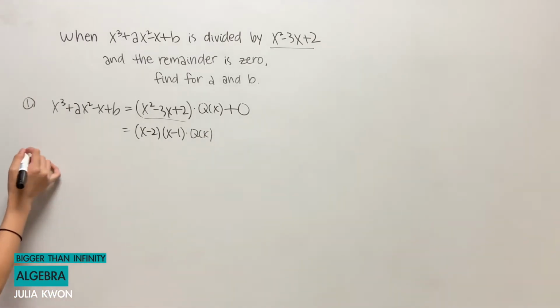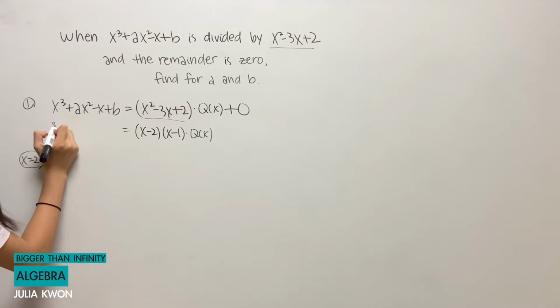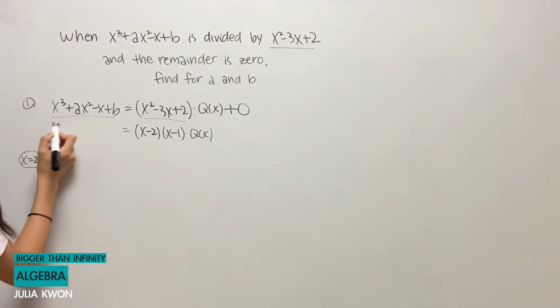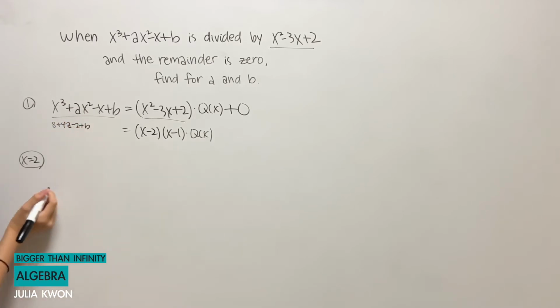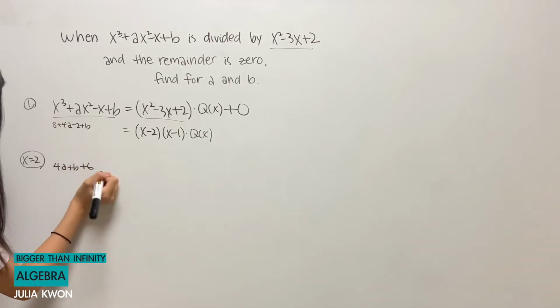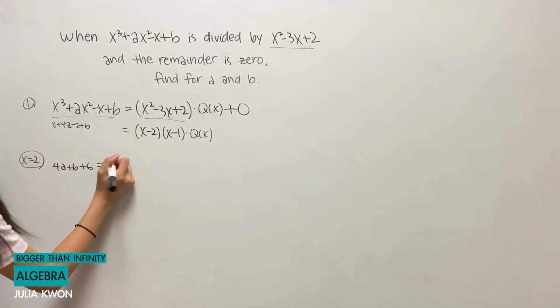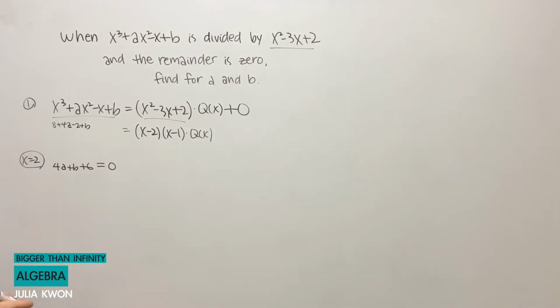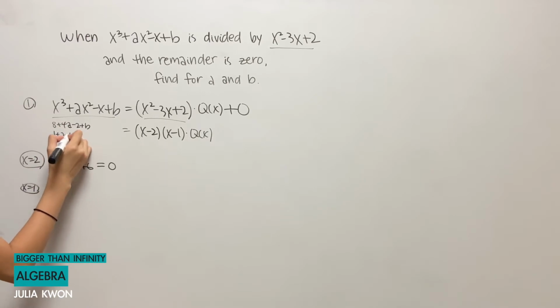And now it's very simple from here. We can set x equal to 2. Then that will be 8 plus 4a minus 2 plus b. That is just 4a plus b plus 6 is equal to, if we put x equal to 2 here, everything is gone, so that's 0. Now if we substitute x as 1, we will get 1 plus a minus 1 plus b.